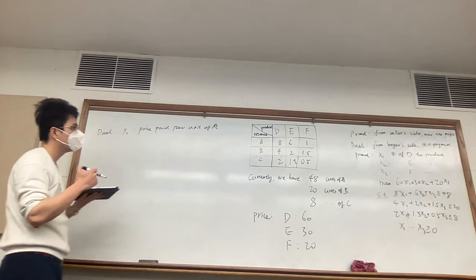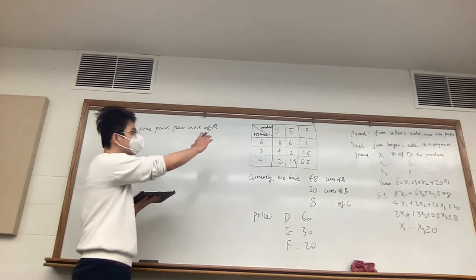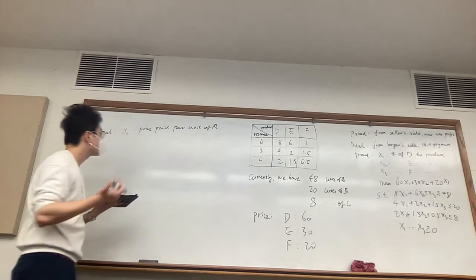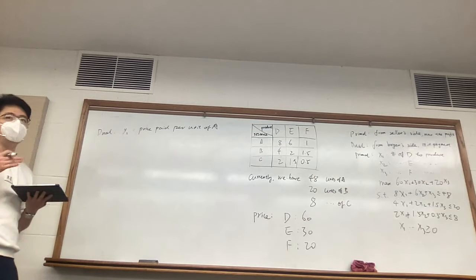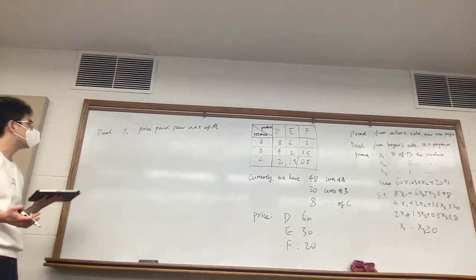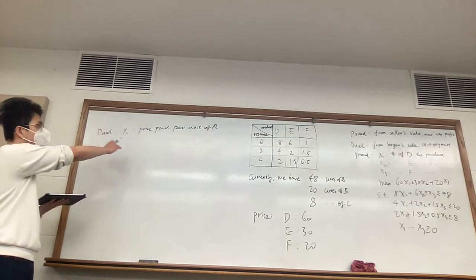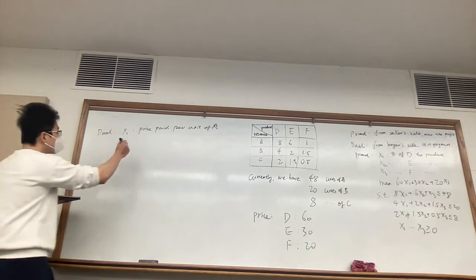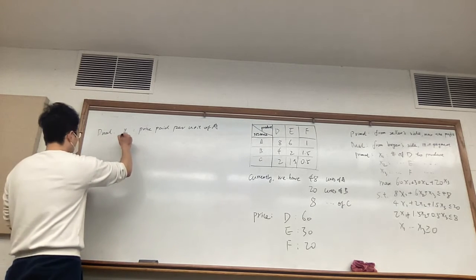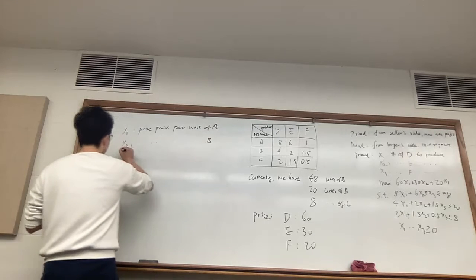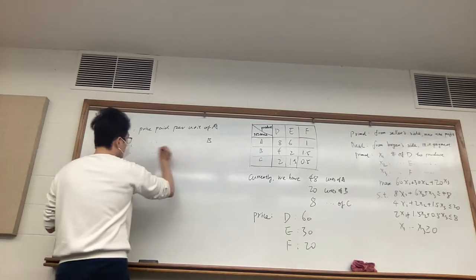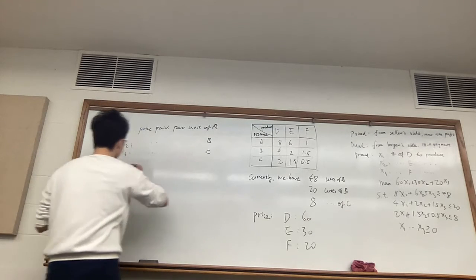Because you are the buyer, you buy DEF. In order to manufacture the DEFs, you need to use the resources ABC. So Y1 here, we define to be the price paid per unit of A, and Y2, the price per unit of B, and Y3, the price you pay per unit of C.